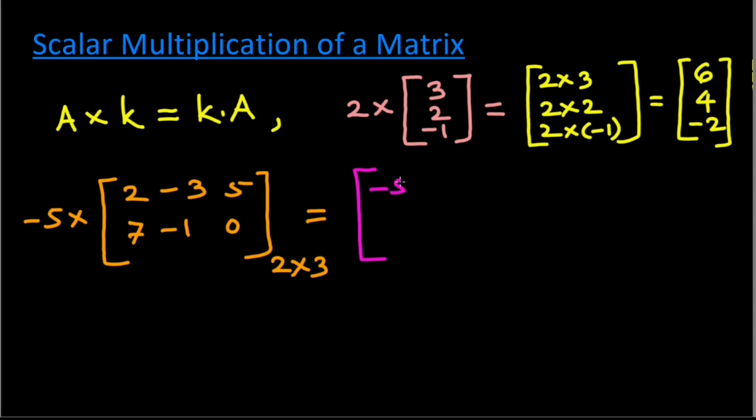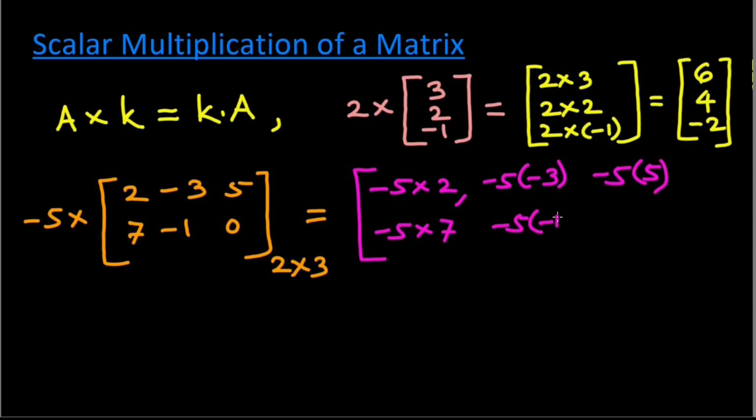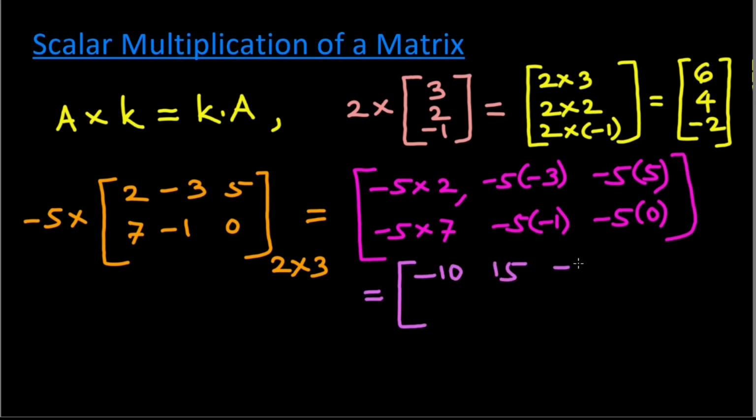So it will be -5 multiplied by 2, -5 multiplied by -3, -5 multiplied by 5, -5 multiplied by 7, -5 multiplied by -1, -5 multiplied by 0. So the new matrix will be [-10, 15, -25; -35, 5, 0].